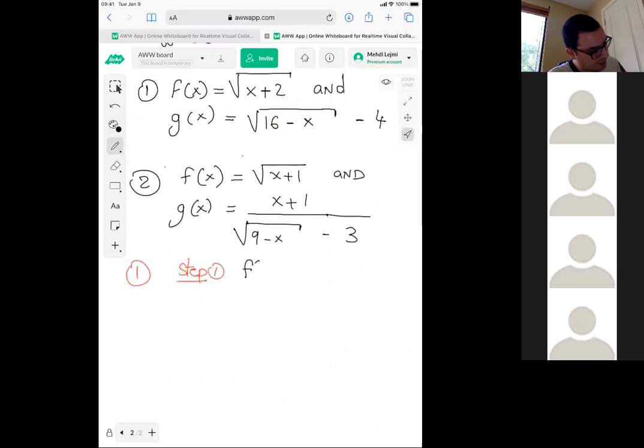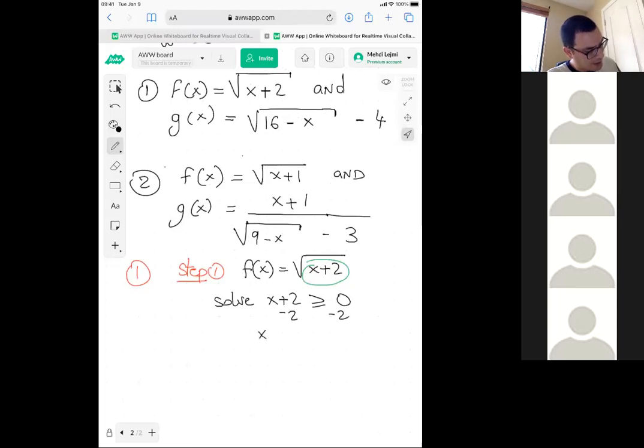So f of x is square root of x plus 2. There's no division. We do have a square root, so we have to solve what's under the square root, larger or equal to 0. So we have to solve x plus 2 larger or equal to 0. Subtract 2, then x is going to be larger or equal to negative 2. So your domain would be any number x larger or equal to negative 2.